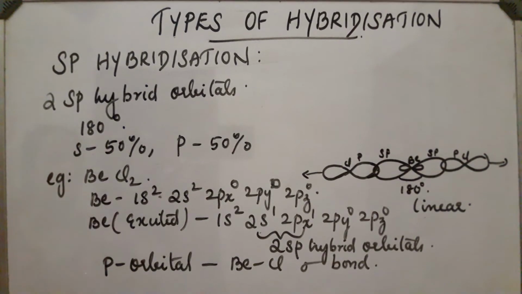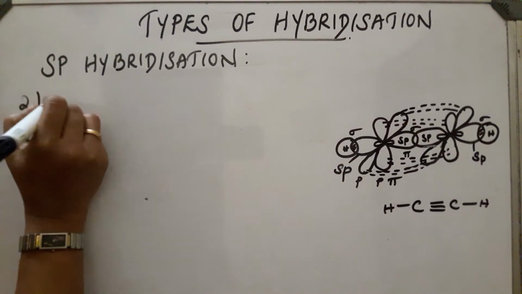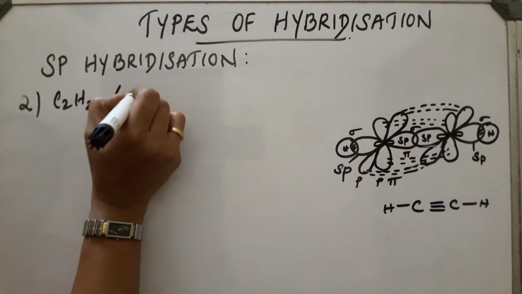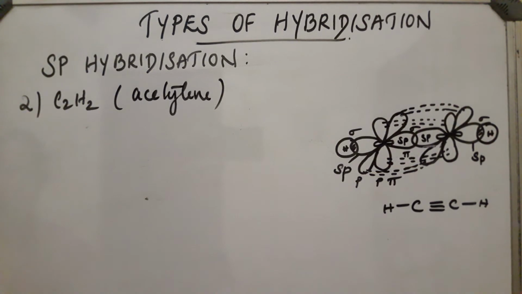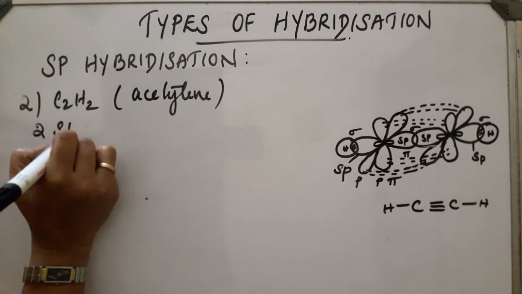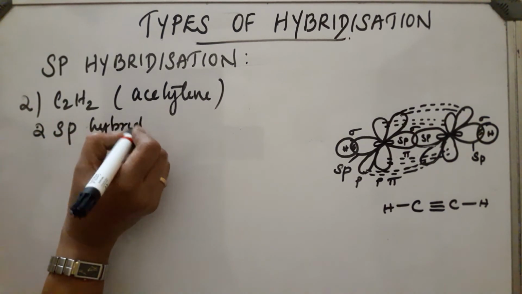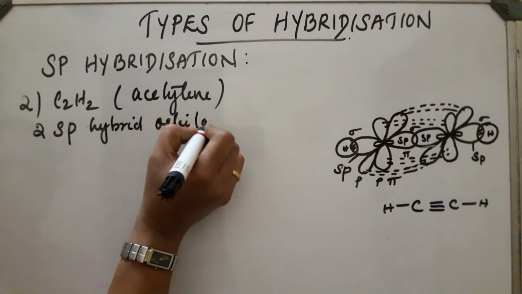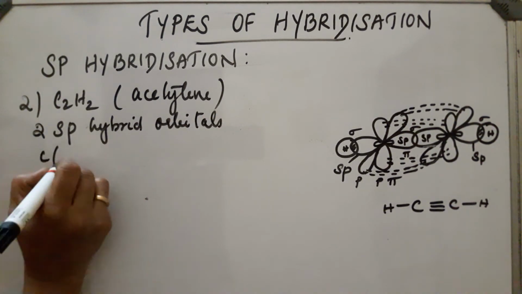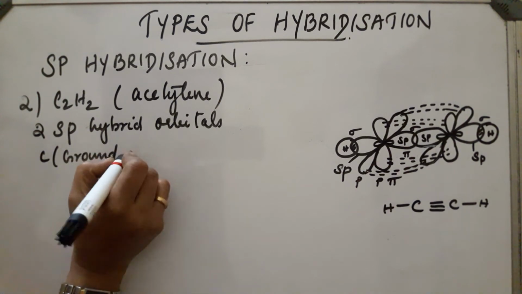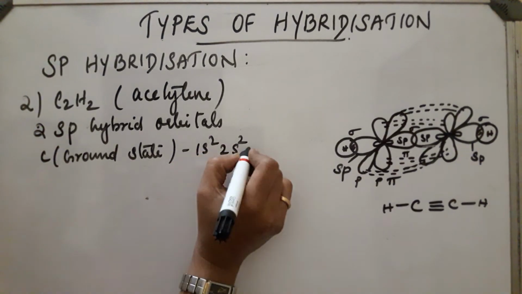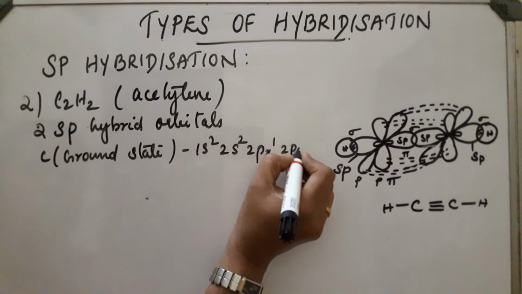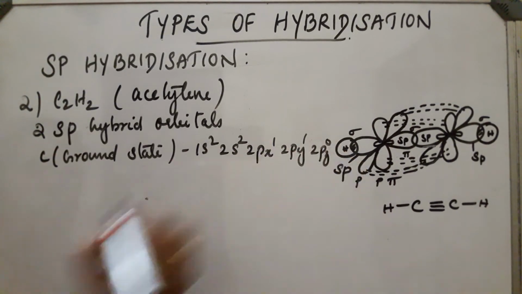Second example of sp hybridization, C2H2, acetylene. It contains two carbon atoms, both sp hybridized, and each carbon atom forms two sp hybrid orbitals. The electronic configuration of carbon in the ground state is 1s2, 2s2, 2px1, 2py1, 2pz0.